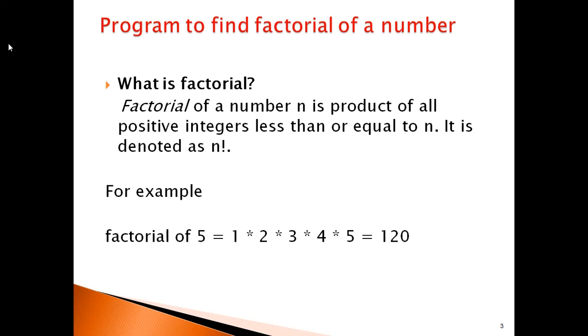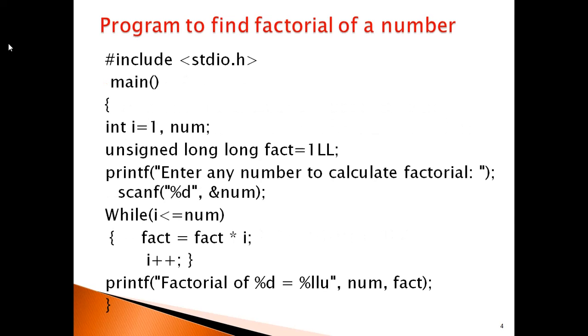Now we will see how to find the factorial of a number when the user gives the input as a number. This is the program: #include <stdio.h>, main, int i equal to 1, num.